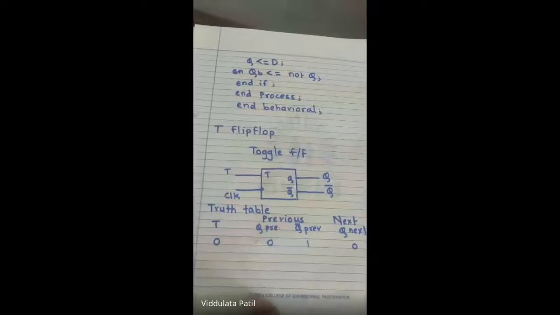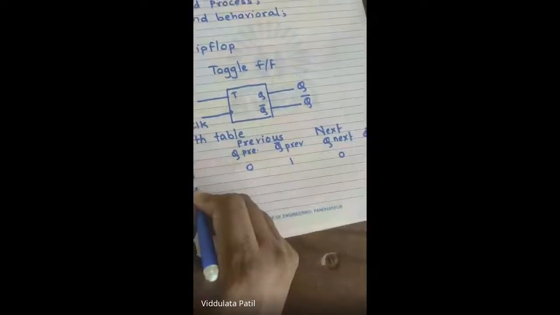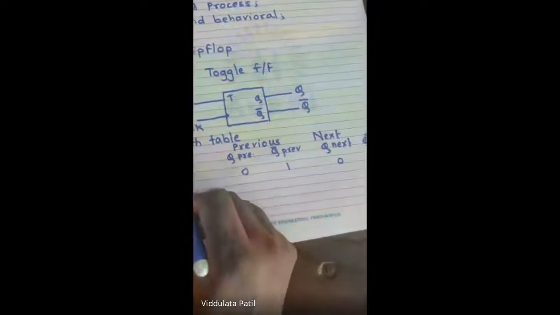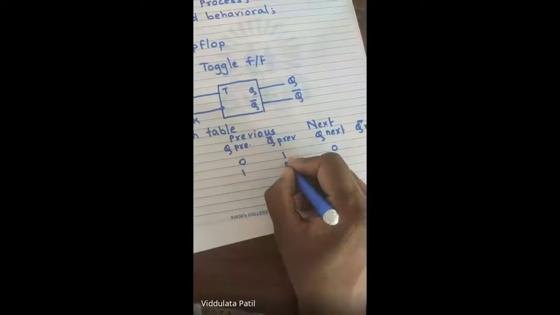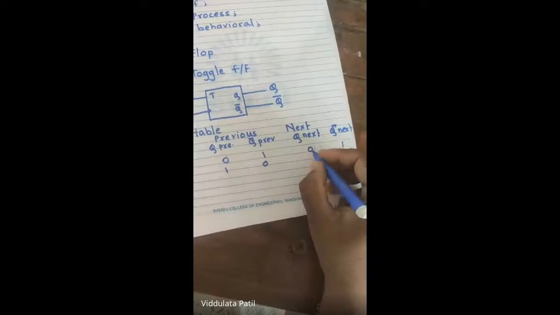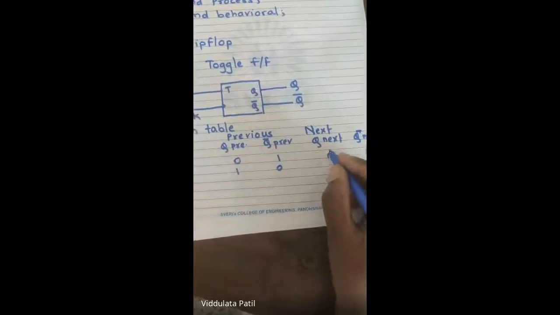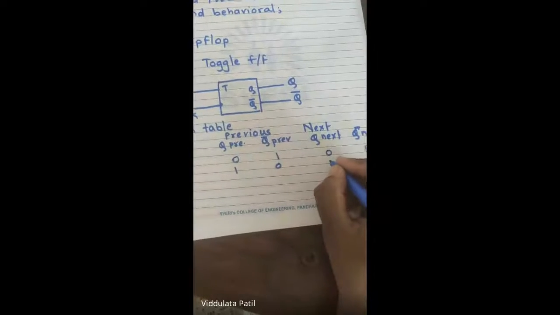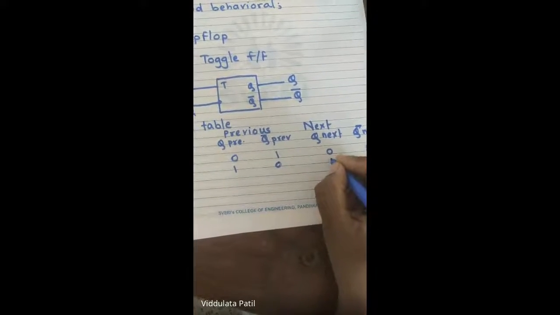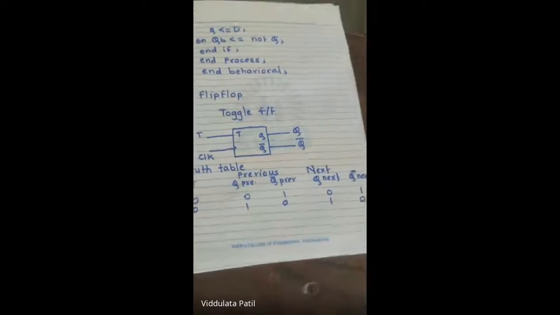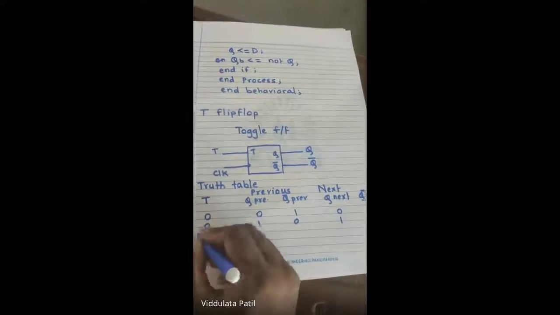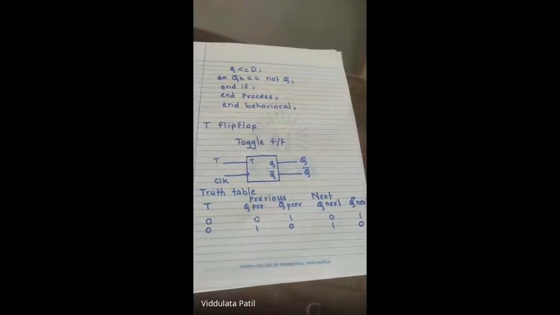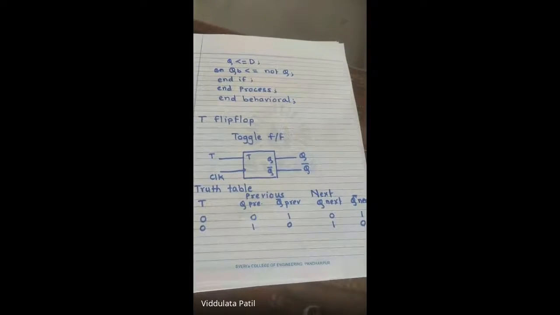Okay, then if the clock is 0, Q previous is 1 and Q bar previous is 0, then after this you will get Q next as 1 and 0. So whatever the earlier state was, that will be retained if the clock is 0.